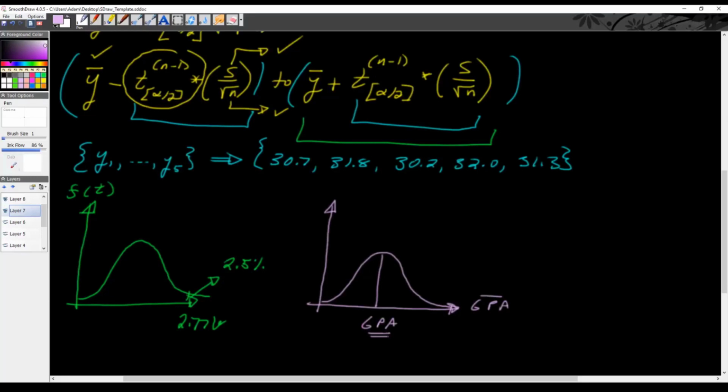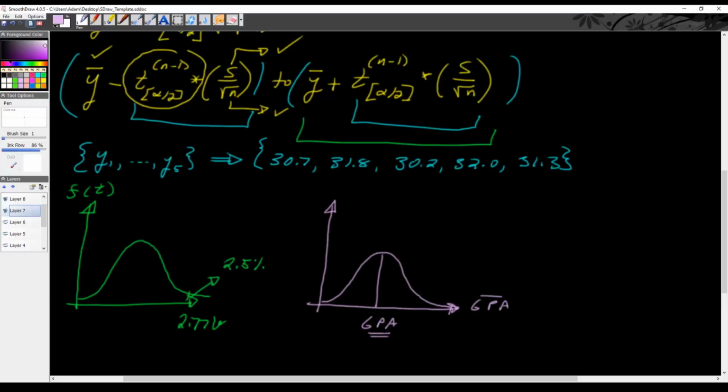The sampling distribution has a variance equal to sigma squared divided by n. So the variance of the distribution of sample means is sigma squared divided by n. So we have a standard deviation of the sample means equal to sigma divided by root n.